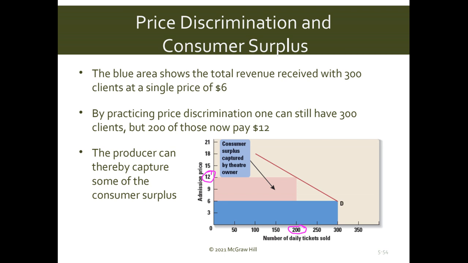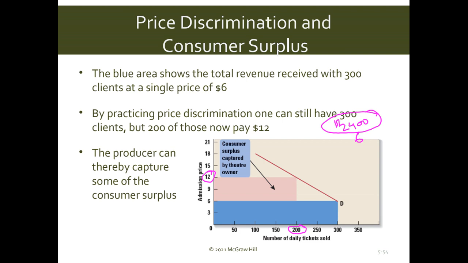So $2,400 this seller will receive from these 200 adults, and the remaining 100 buyers will pay only how much? Will pay $6. So $6 times 100 is 600.